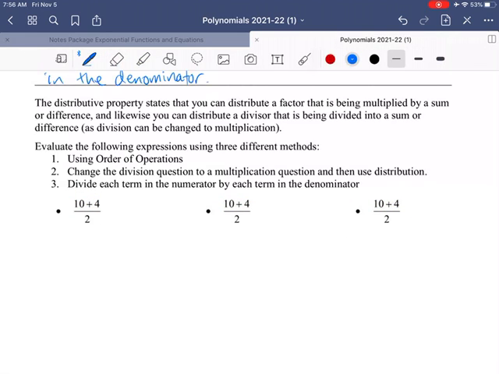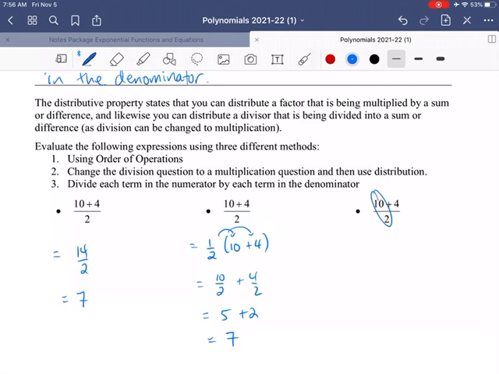So the first one, if we combine 10 plus 4, we get 14 over 2, which gives us 7. In the next one, if you think about the denominator of 2 being equal to multiplying by half, then using the distributive property, 1/2 times 10 is 10 over 2, and 1/2 times 4 is 4 over 2. Well, 10 over 2 is 5, and 4 over 2 is 2, and 5 added to 2 is 7. So we still have the same answer.